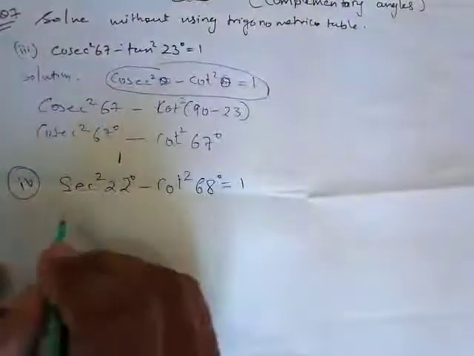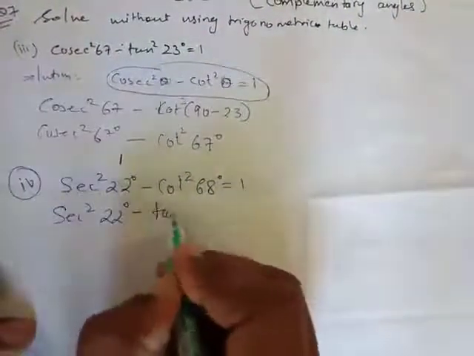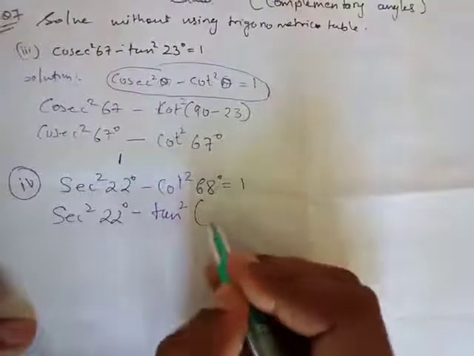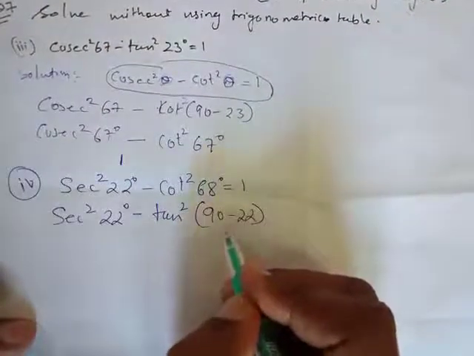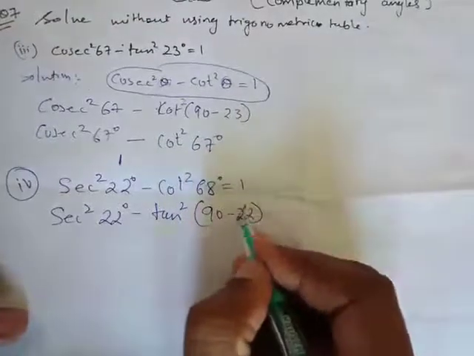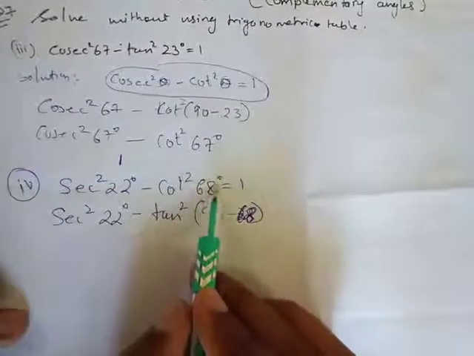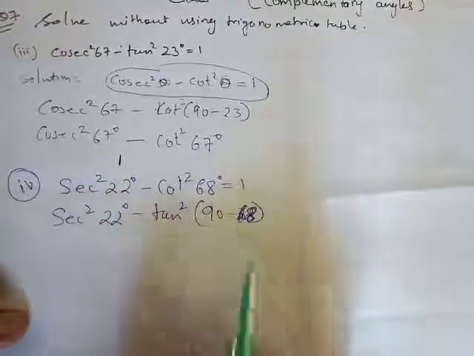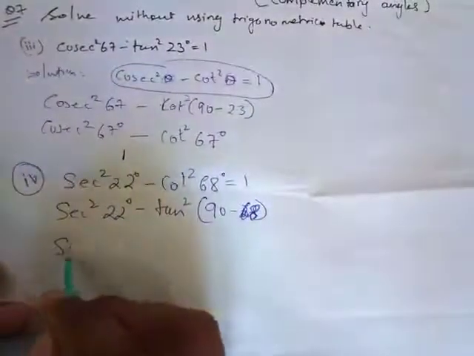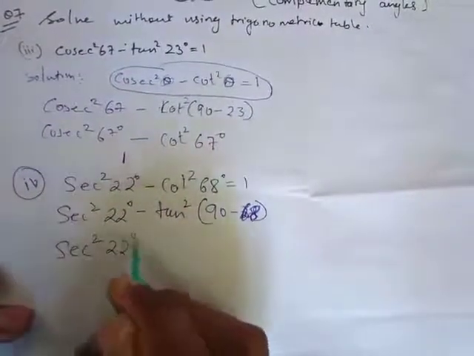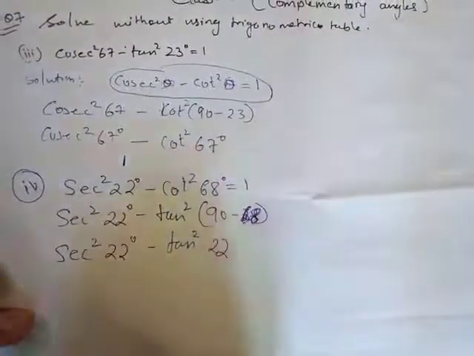Now I'll write sec square 22 degree minus, I can write tan square of 90 minus 68. Either you can write cot square 68 or tan square of 90 minus 68; they are both the same thing. So 90 minus 68 is going to be 22.